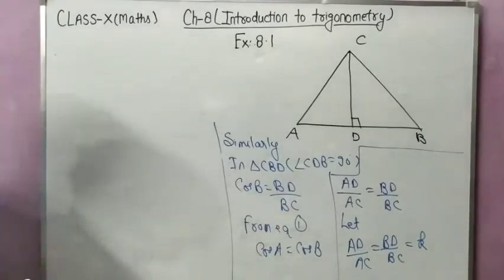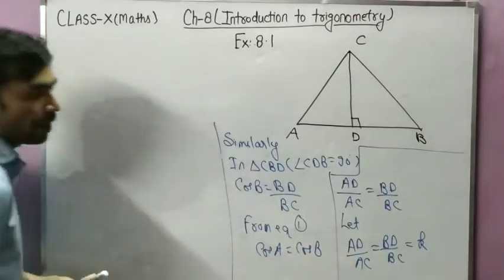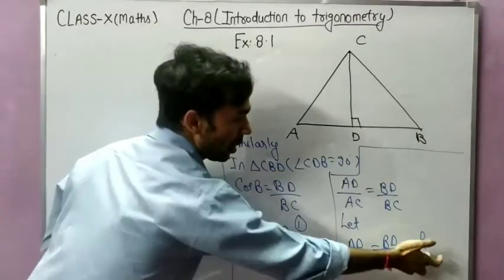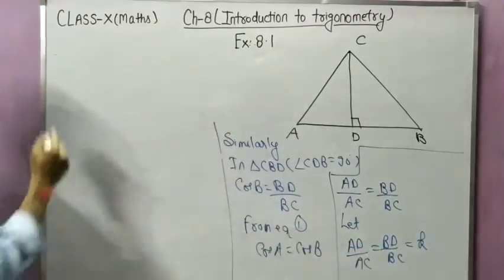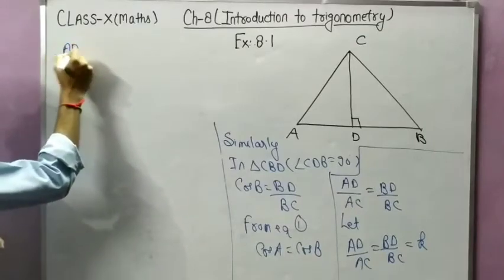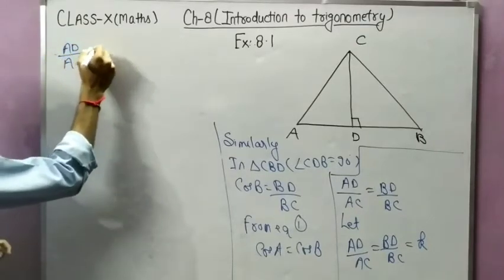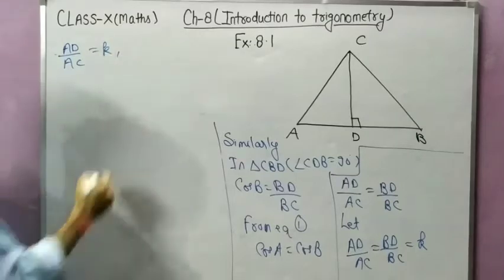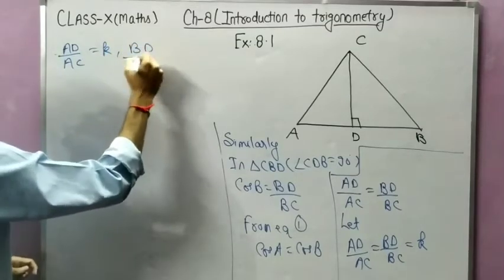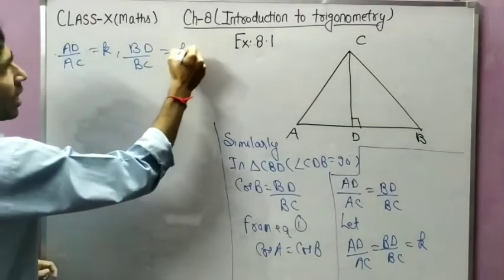Okay. Now, so from here, when we will equate these two separately equal to K, so from that we can write now AD upon AC is also equal to K and BD upon BC is also equal to K. Okay.